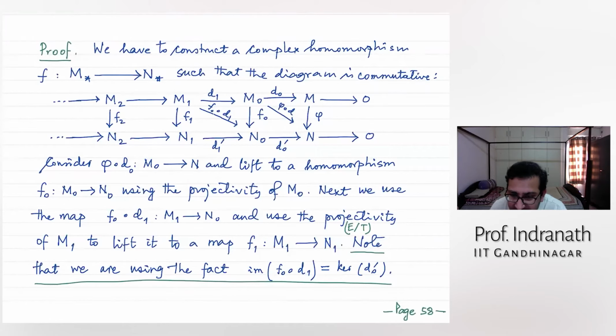So any map is now here, and since this is projective, therefore your lifting is at this level. Because this is the map you want, and that's exactly what he has said.